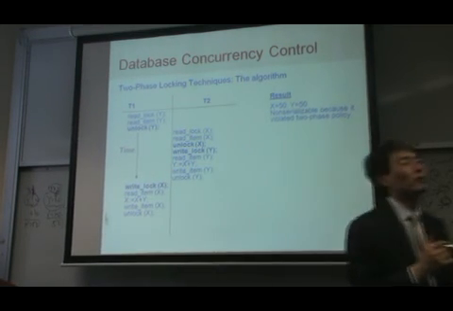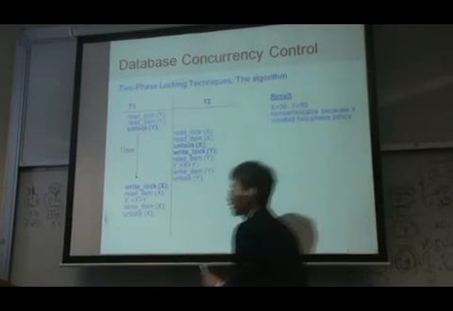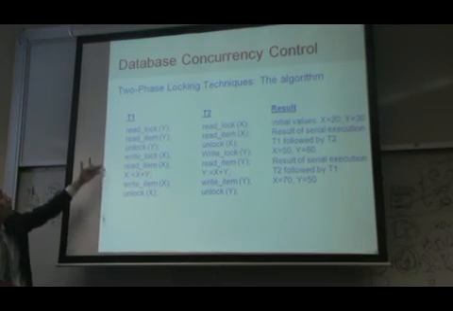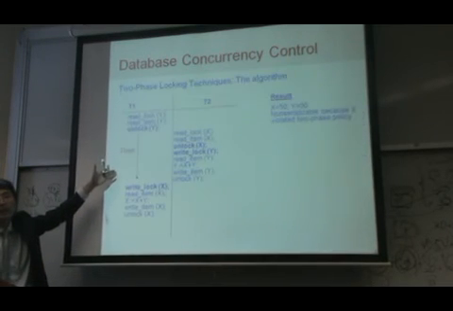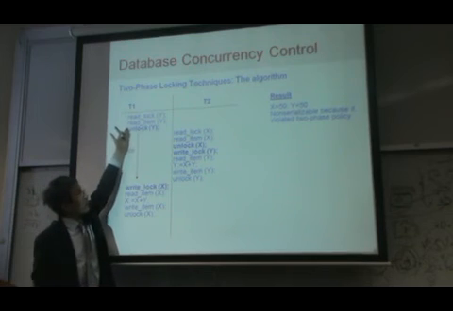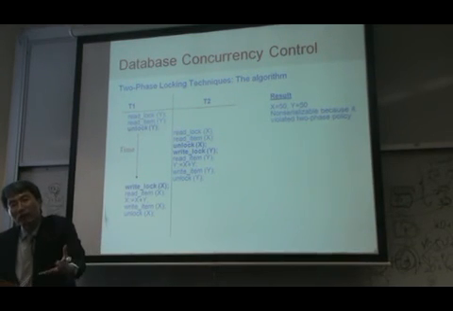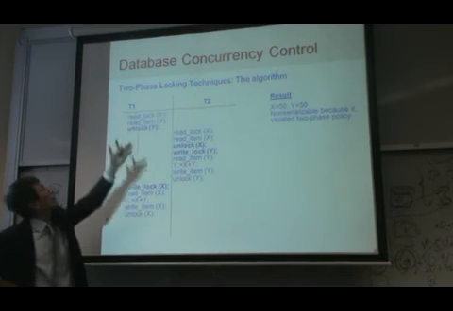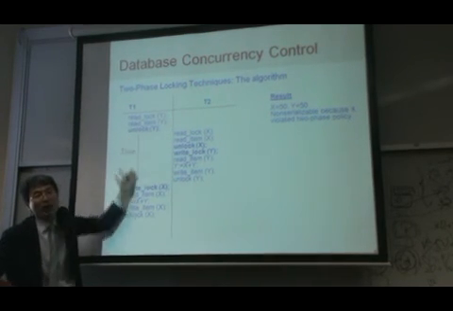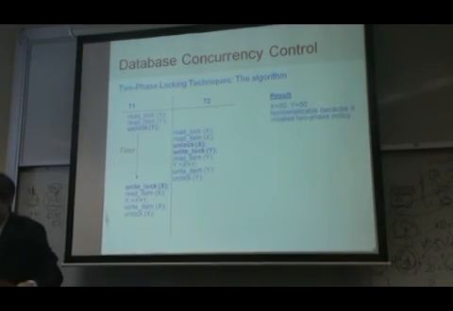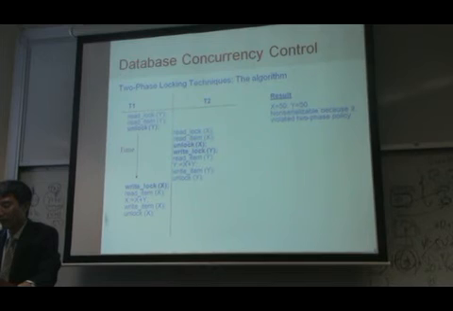That's different from this, which does not consider two-phase locking, okay? But if we consider two-phase locking, whenever we read or update the data, we need to get the lock on the data item so we can keep the concurrency. Okay?